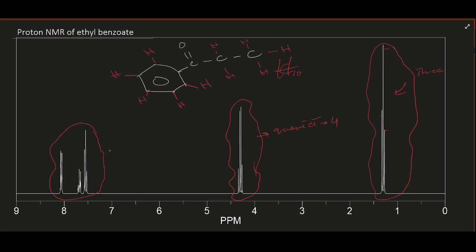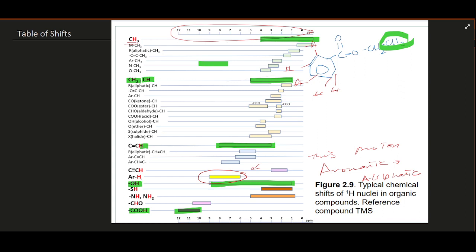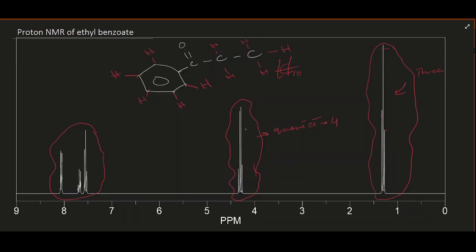We have seen previously in the table of shifts that the protons attached to the aromatic ring have chemical shift values above 7. So we can easily identify that these are the protons with chemical shift values above 7. These are the aromatic protons.